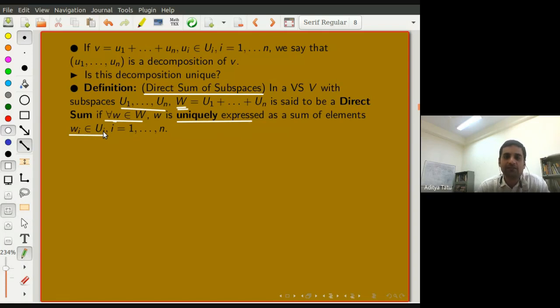By unique, I also mean that the order in which you write these elements is fixed. Don't think that since the group is abelian, I can change the order and it would still give the same element. Here I am not allowed to change the order in which I add the subspaces.